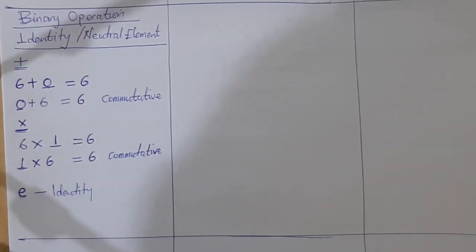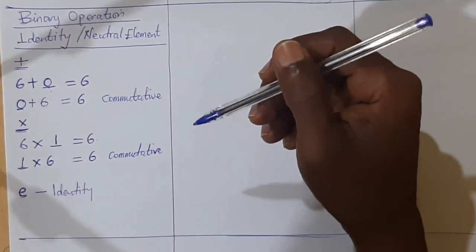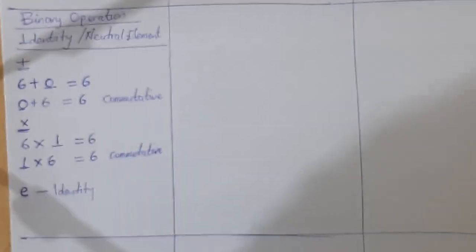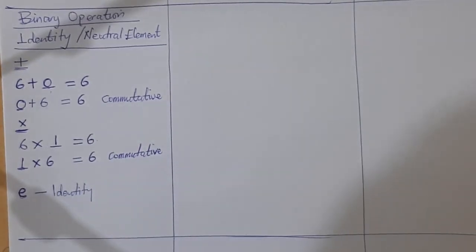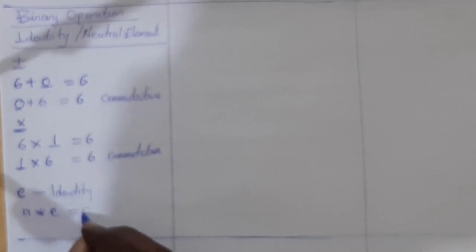So let me state that if an operation is not commutative, that operation cannot have an identity. If an operation is not commutative, we have learned that if A star E should give us A, since E is the identity element.